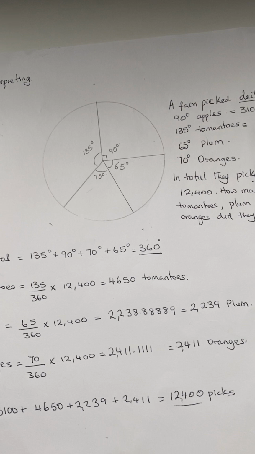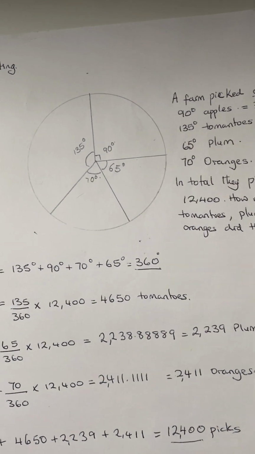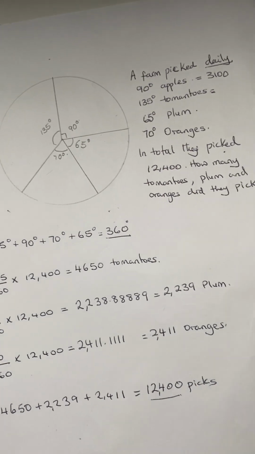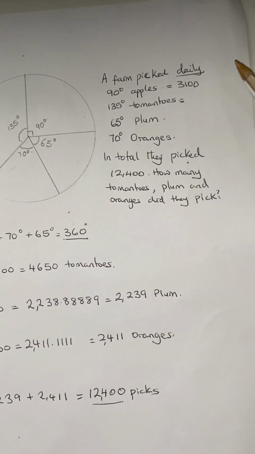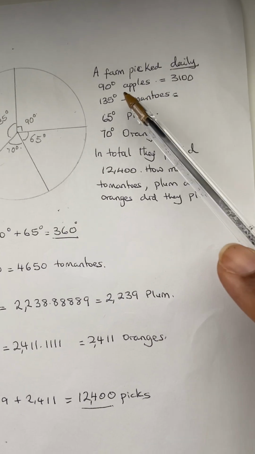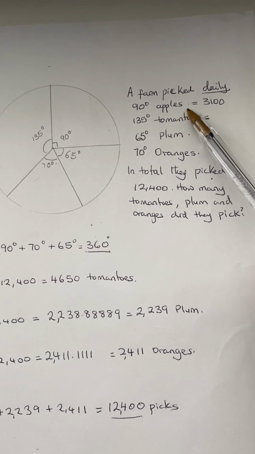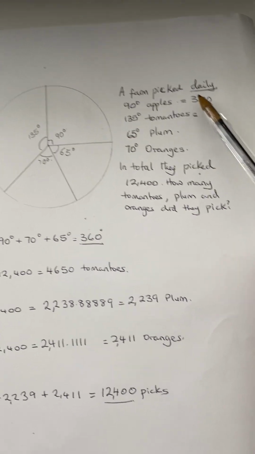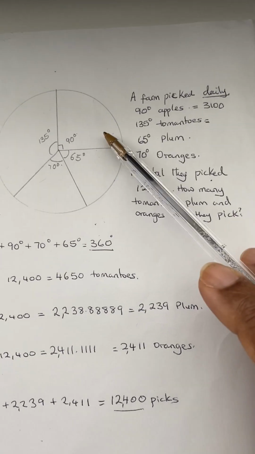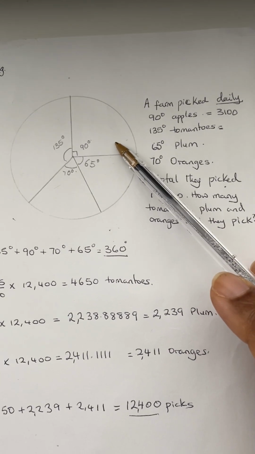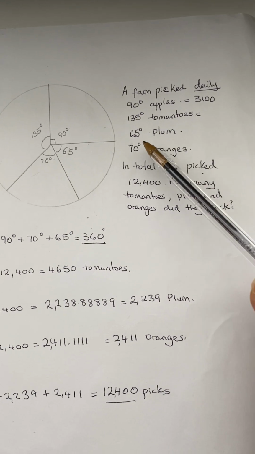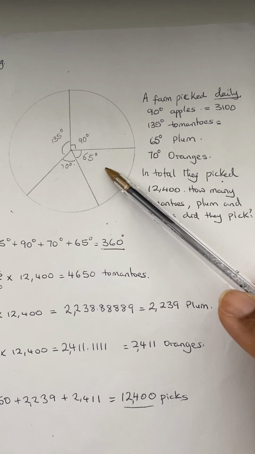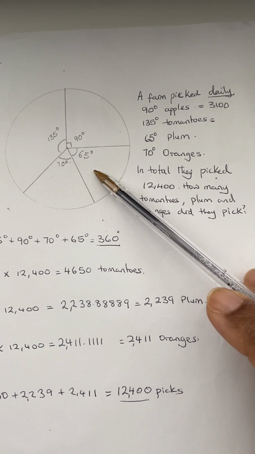Okay, so in a farm, on one day, they picked 90 degrees of apples. So this is the apple section, which is 3,100 apples. Okay, they pick 65 degrees of plum. So this is just a plum section.